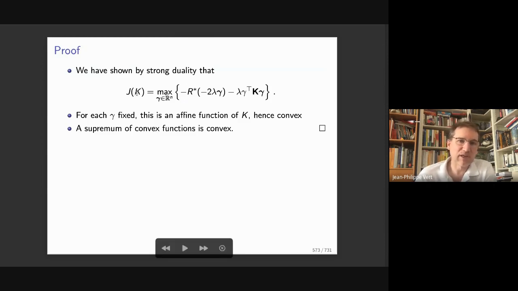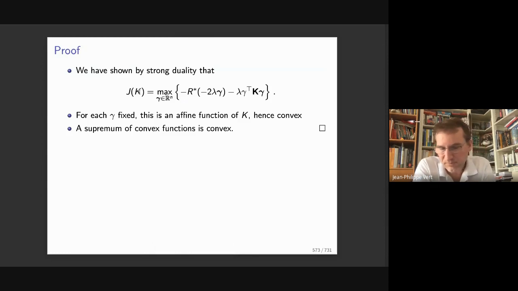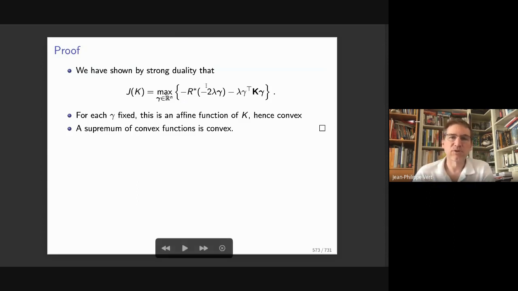The proof just amounts to rewriting the value J of K. So J of K is the value corresponding to the minimum over f of the risk of f plus lambda times the RKHS squared norm of f. And we have seen in the previous proof that this value can also be rewritten in a dual way as the maximum over gamma of something, which was a sum of some negative R star minus a quadratic function in gamma.